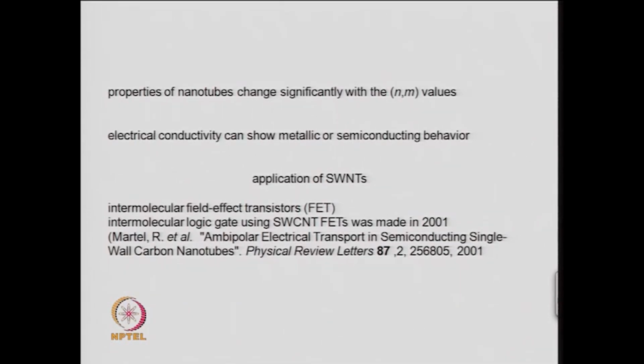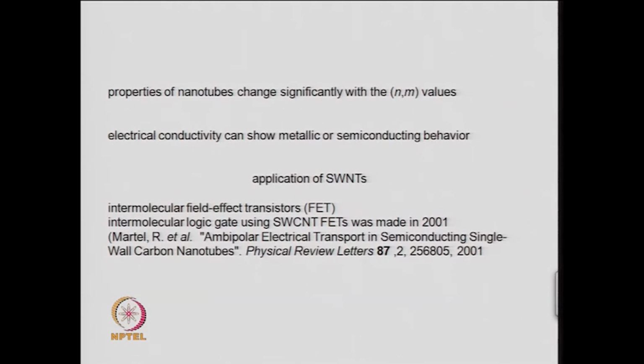The properties of nanotubes change significantly with the n and m values, and electrical conductivity is a very important property, and it shows drastic difference. You can have metallic nanotubes, semiconducting nanotubes, and these properties have been used for applications.